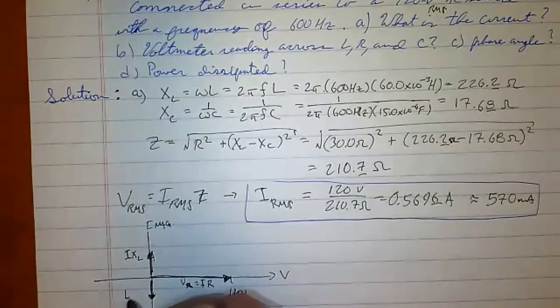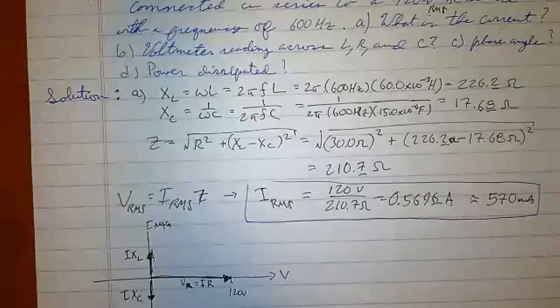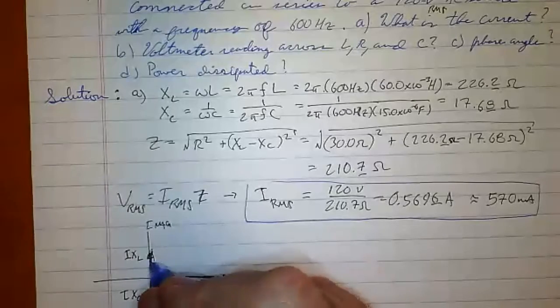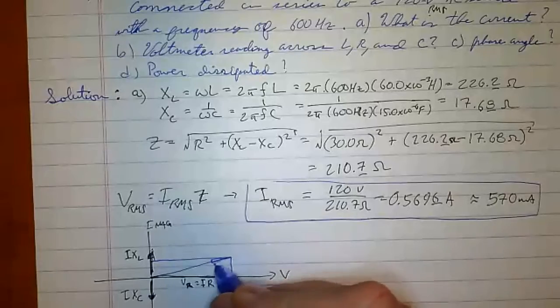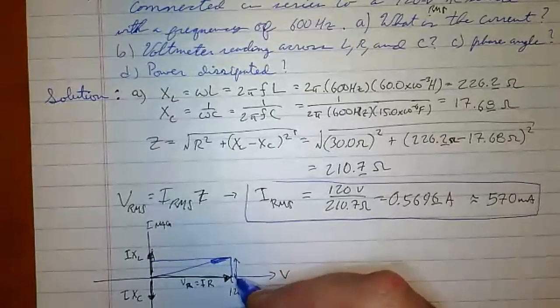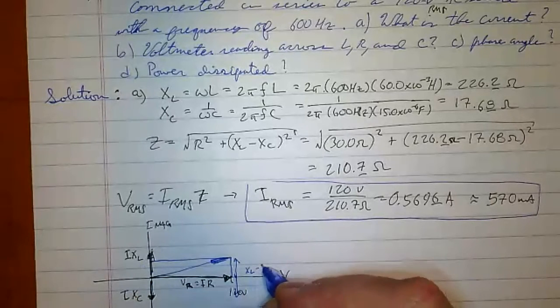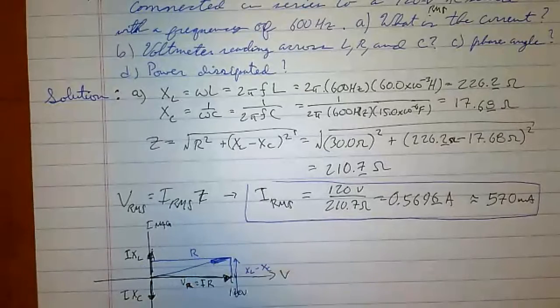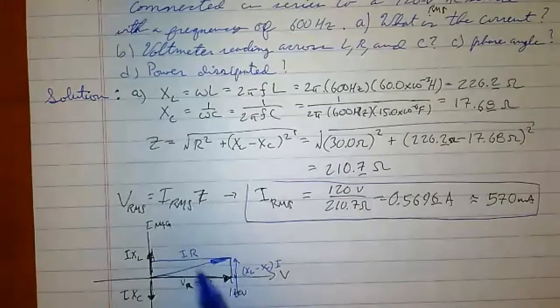And this way, I've got an I times XC. So you can see that basically the phasor we're looking for is the diagonal of this triangle. Obviously this length from here to here is XL minus XC, and this is just R. It's technically I times that, but you can see now why it comes out to a Pythagorean theorem, and that's the phasor.